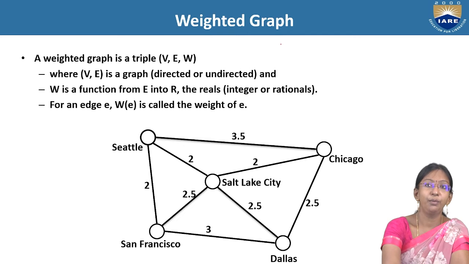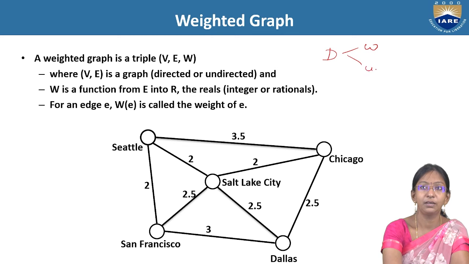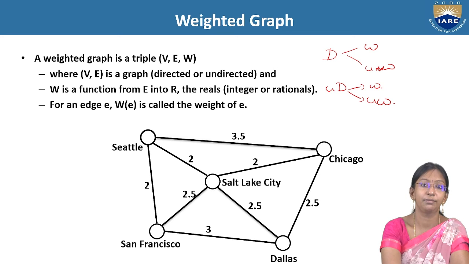So, in a broader sense, you can have a directed weighted graph or directed unweighted graph, and you can have an undirected weighted graph or undirected unweighted graph. Totally four types you can have.